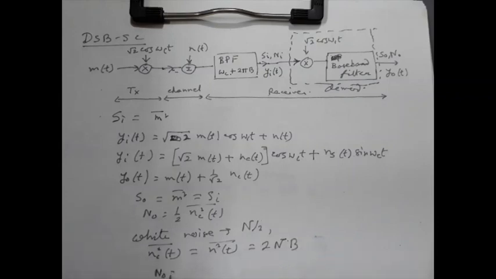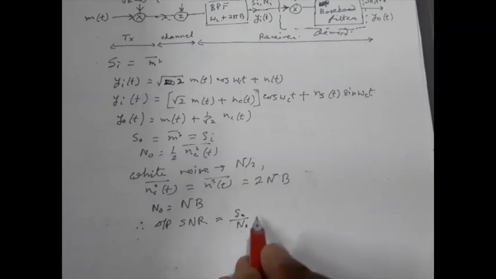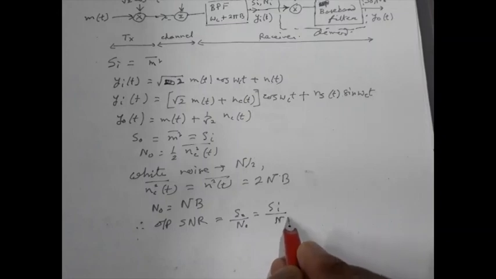So N0 equal to n into b. So output SNR can be written as S0 by N0, that is SI by n into b, that is equal to gamma.